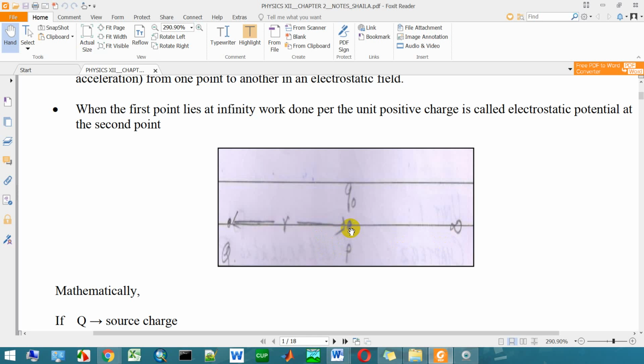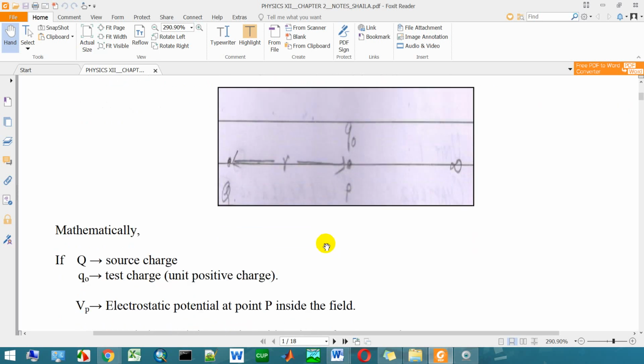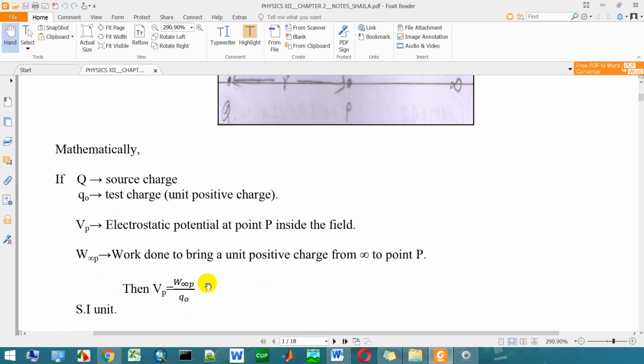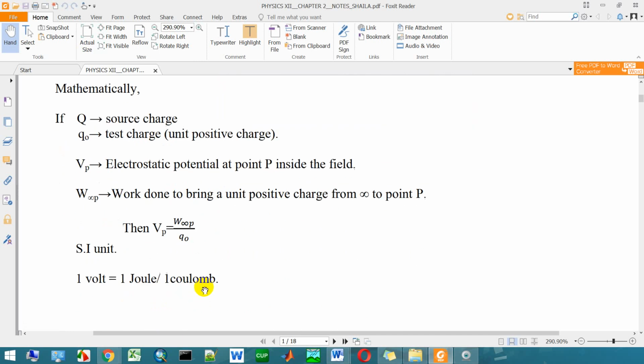The notes are given on the school website. Capital Q is the source charge, Q0 the test charge. Vp is the potential at point P inside the field. So the mathematical formula for electrostatic potential at point P is Vp equals W by Q0.